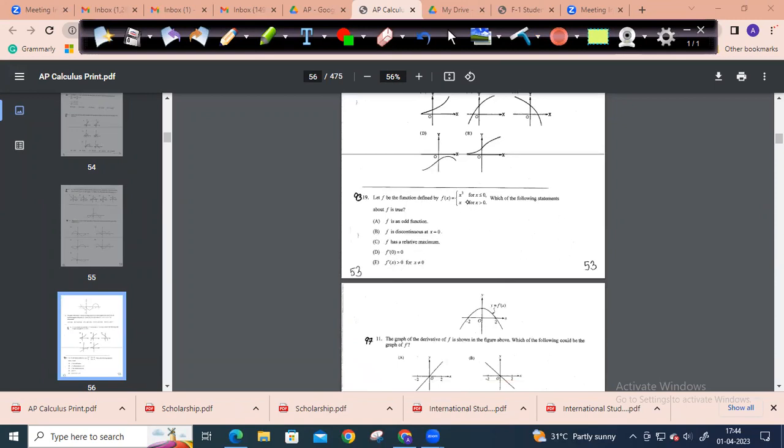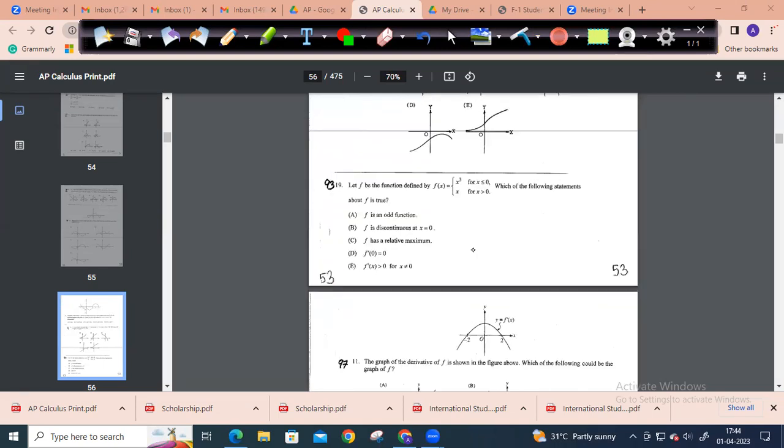Now they gave a function and they're saying which of the following is true about that function.